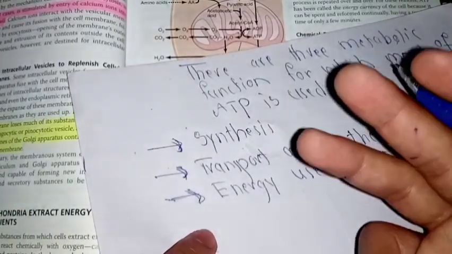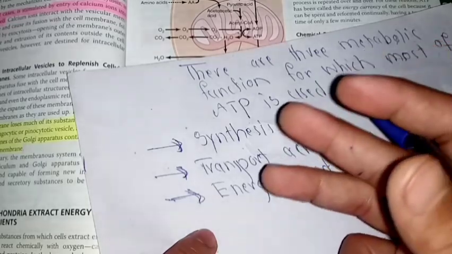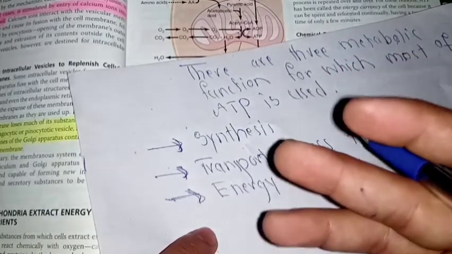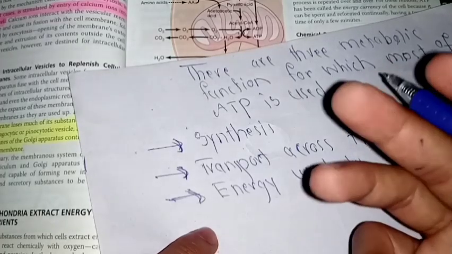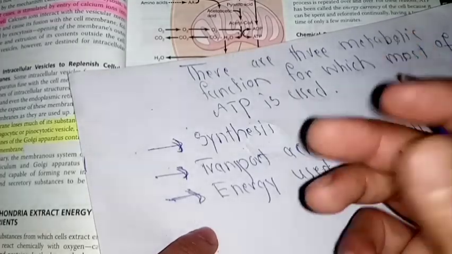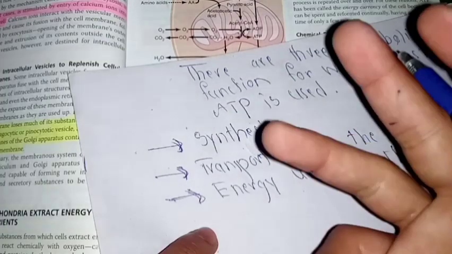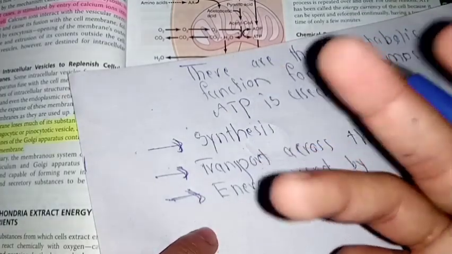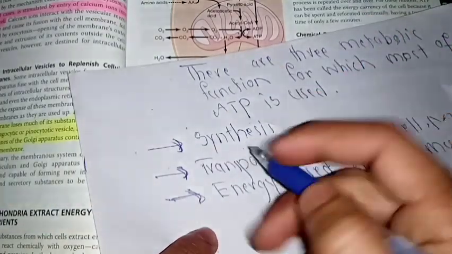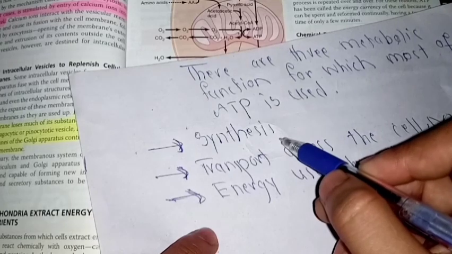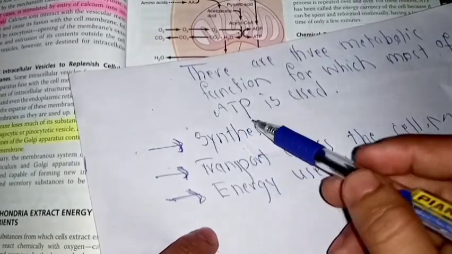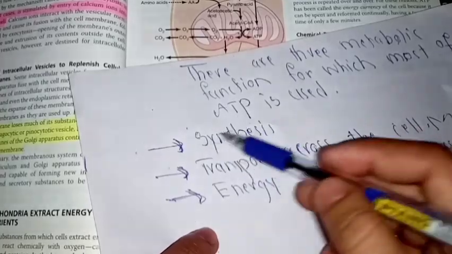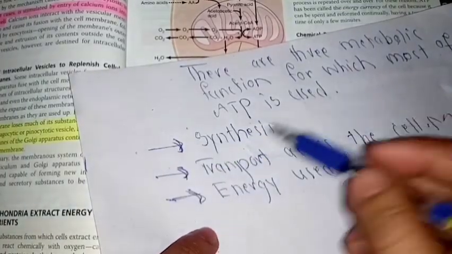If the cell needs structural protein, it will be synthesized in the same way. If the cell needs lipids or cholesterol, then it will need enzymes. So the enzymes for the formation of cholesterol, fatty acids, phospholipids, etc. will all be synthesized with the help of messenger RNA and ribosomes. So this is the energy used by these processes for synthesis.